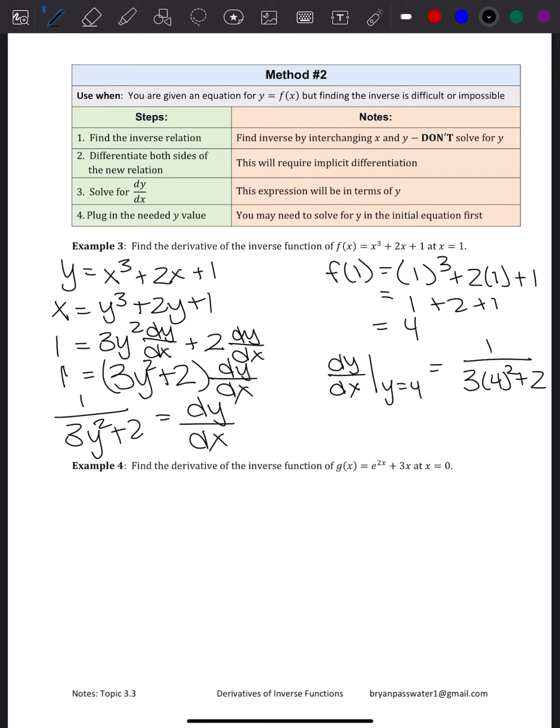So 1 over 3 times 4 squared plus 2. So we have 3 times 16. 3 times 16 is going to be 3 times 10 and 3 times 6. So we have 48 plus 2, which happens to be 1 over 50.